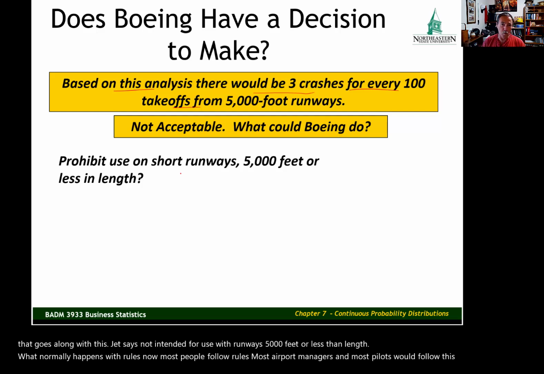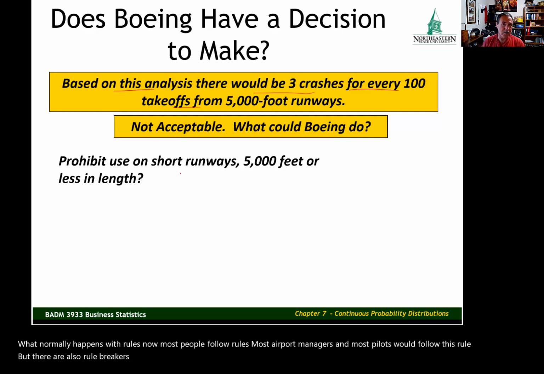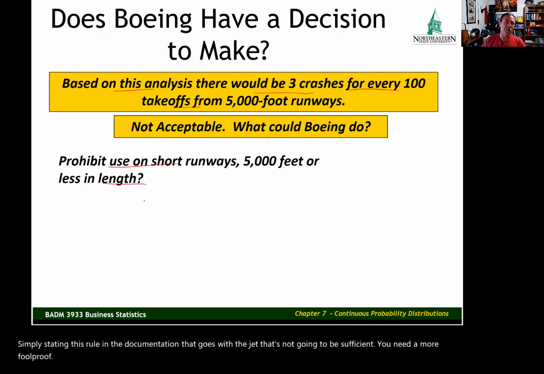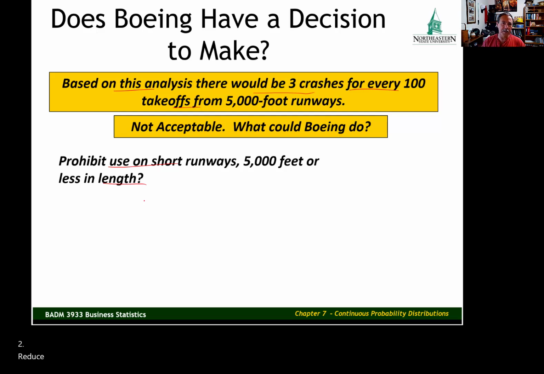But there are also rule breakers out there. Rules are broken. There's the old saying, rules are made to be broken. So simply stating this rule in the documentation that goes with the jet is not going to be sufficient. You need a more foolproof measure to reduce the probability of a crash when taking off from 5,000-foot runways.